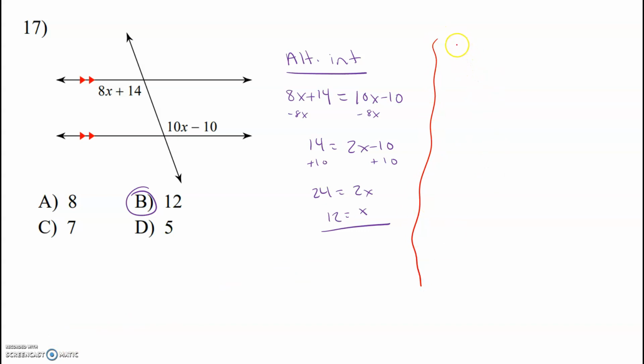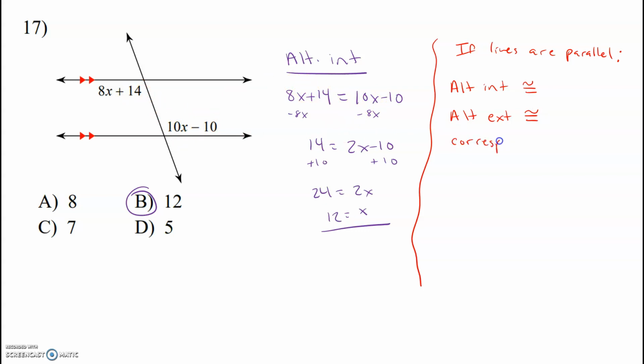If lines are parallel, alternate interior are congruent. Alternate exterior are congruent. Again, set them equal, just like here. Alternate interior are congruent, set them equal.